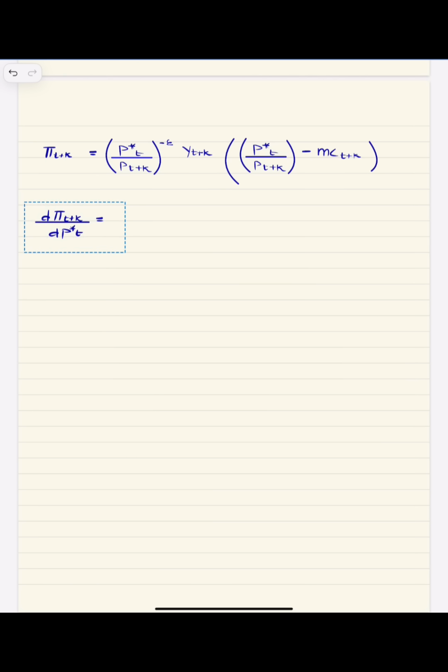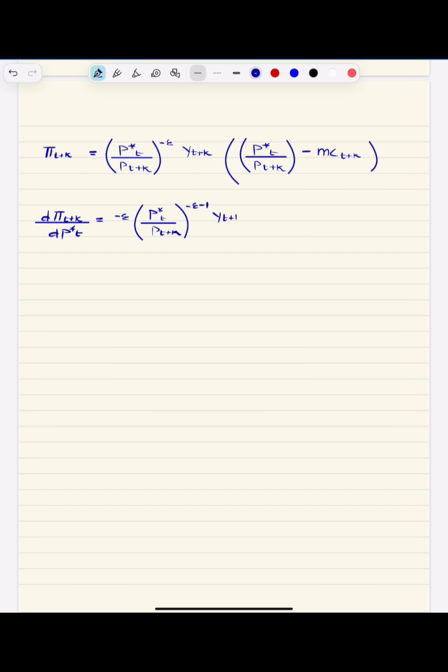On the right hand side, the power will get multiplied, so we'll have a minus epsilon, then we have the price ratio p hat t over p t plus k to the power minus epsilon minus 1, and y t plus k.